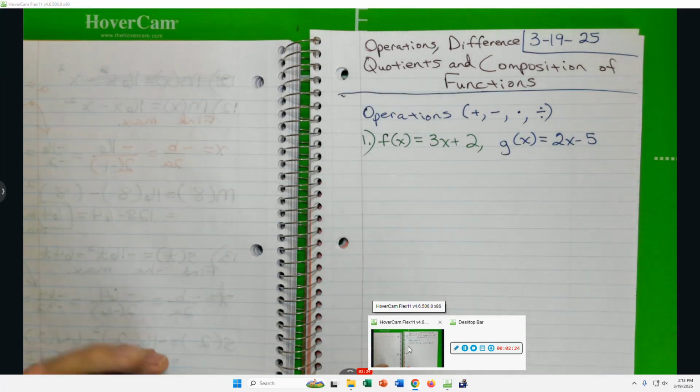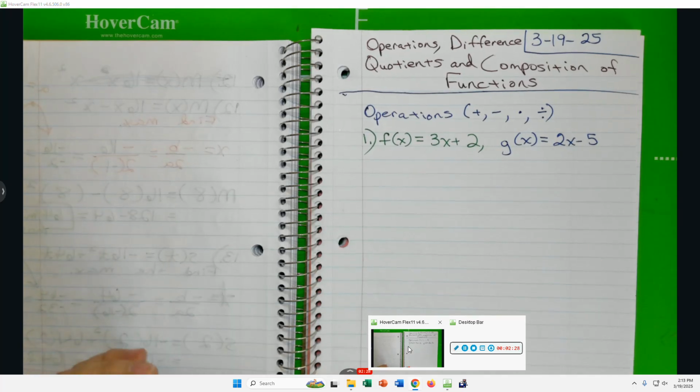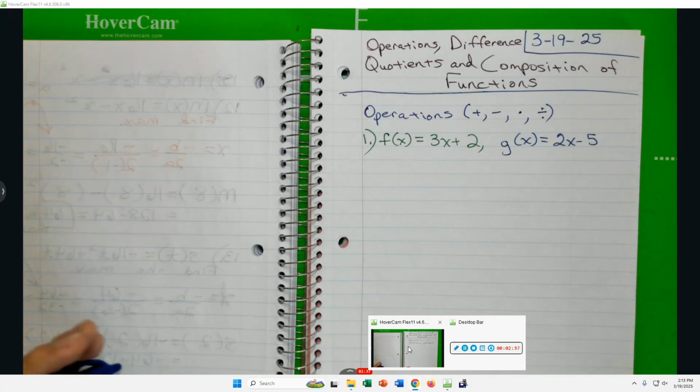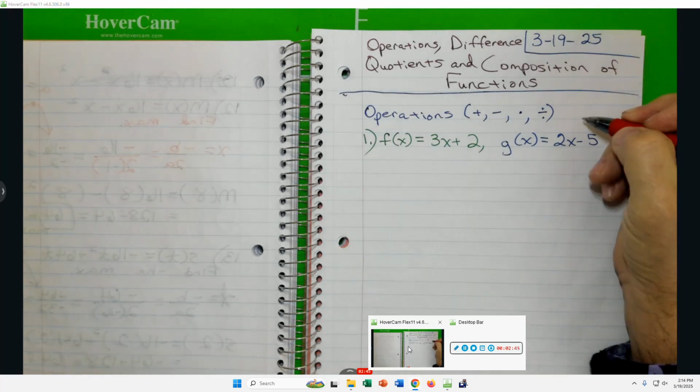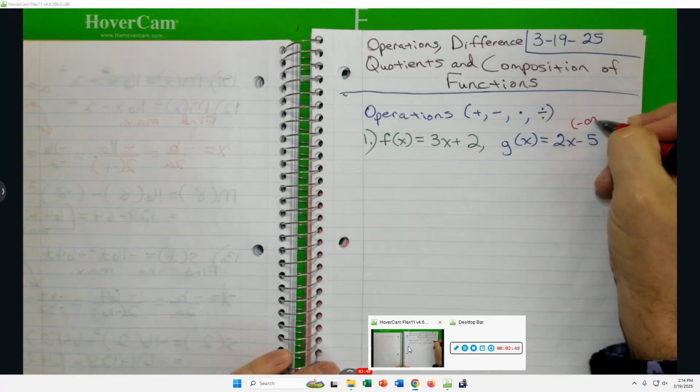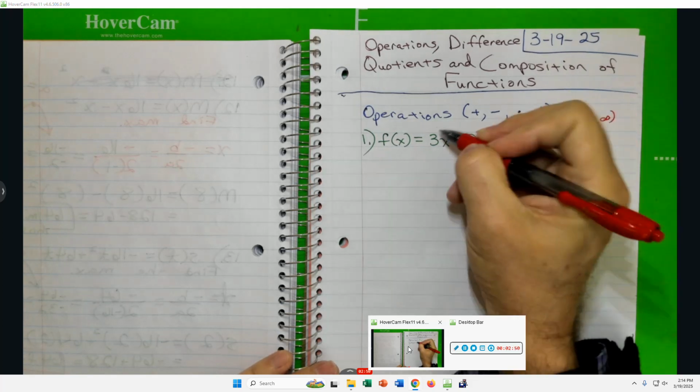I see no fractions, no square roots, unless you're told otherwise. What do you assume the domain is for each of these functions? All real numbers. And that'll be important when we're ready to find the domain of f plus g, f minus g, f times g, and f divided by g. I'm going to make a note of these. Both of those have domain all real numbers.